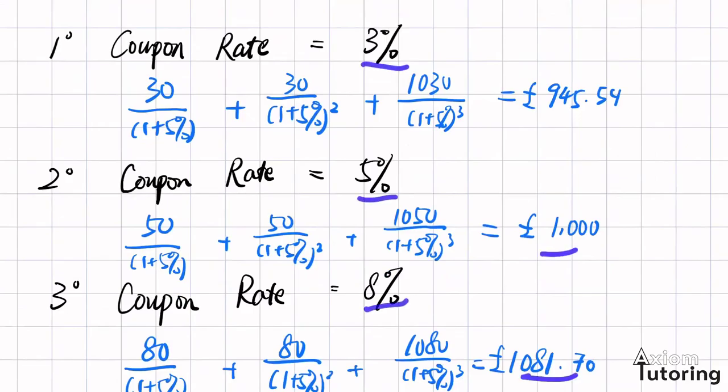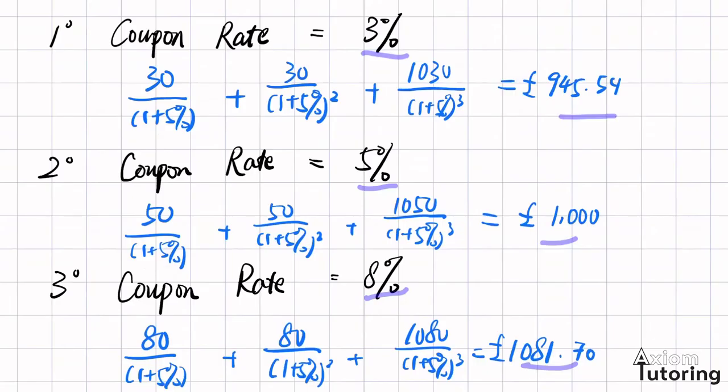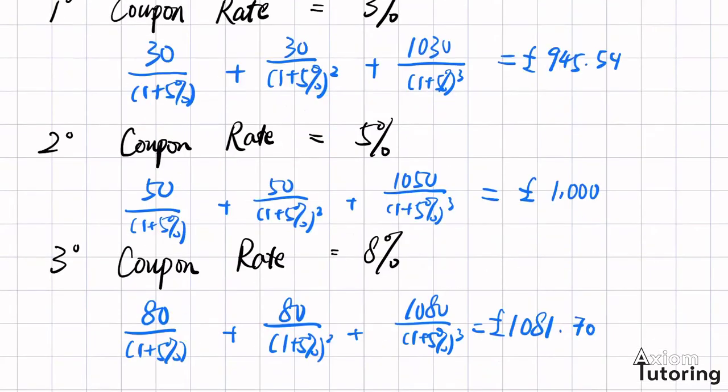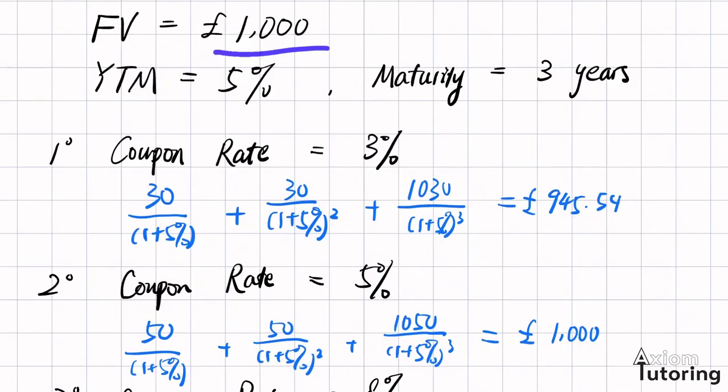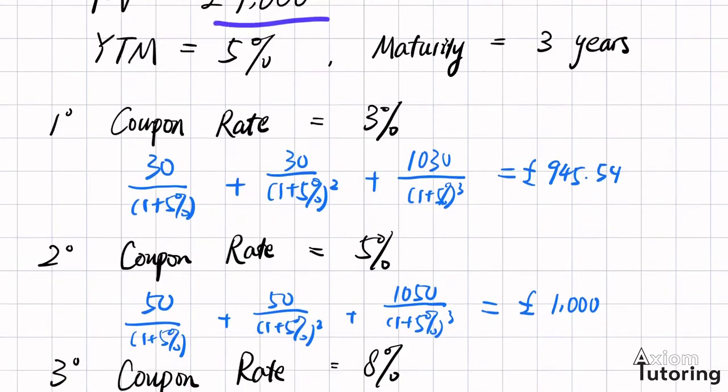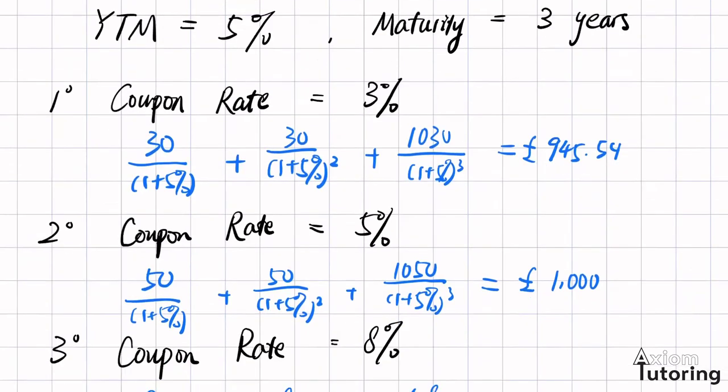As you can see, if I increase my coupon rate, the price of my bond should increase as well. We have the terms or jargon to call such scenarios. If the price is below your face value, which is 1,000 here, we call these bonds priced at a discount.